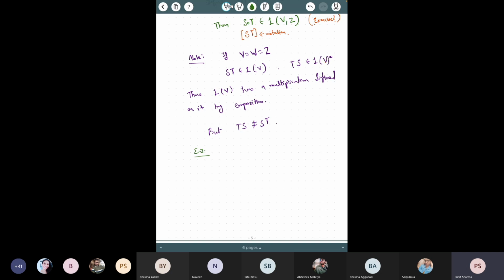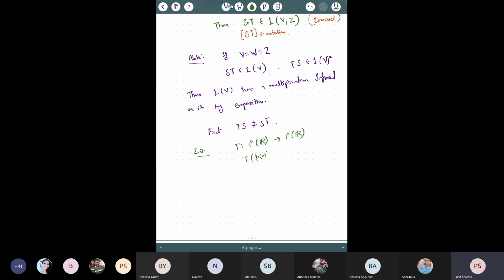Take, for simplicity, P, the collection of all polynomials over R.